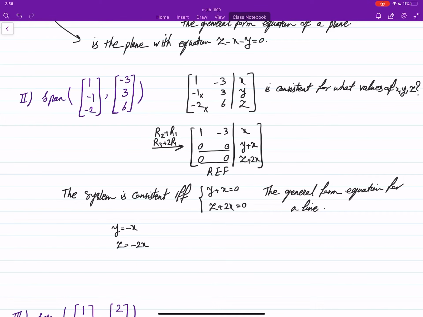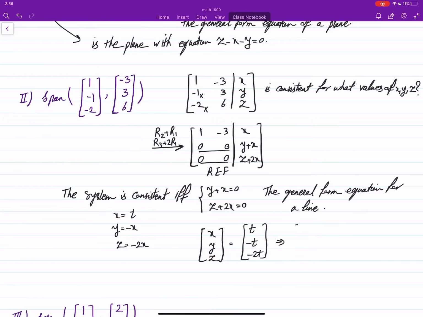This means that if I set x equal to the parameter t, my x is going to be t times 1, y is going to be minus t, and z is going to be minus 2t.